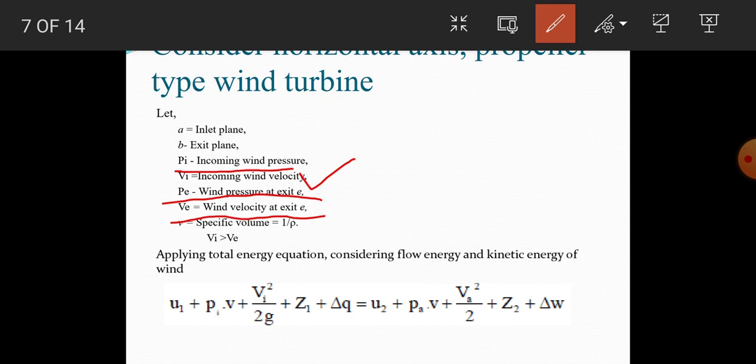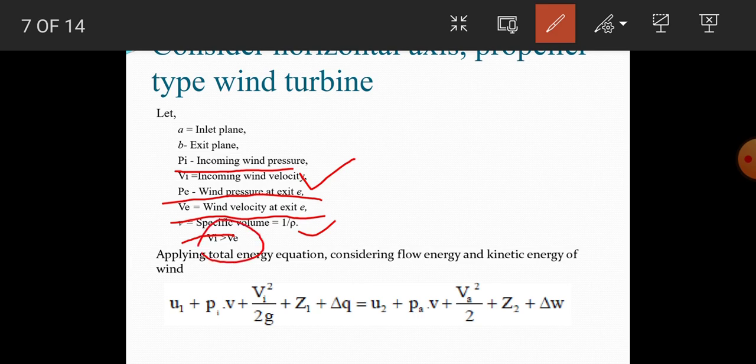V is the specific volume, that is 1 by rho. These are the various symbols we are going to use. Here Ve is less than Vi, so the exit velocity will be less than the inlet velocity.